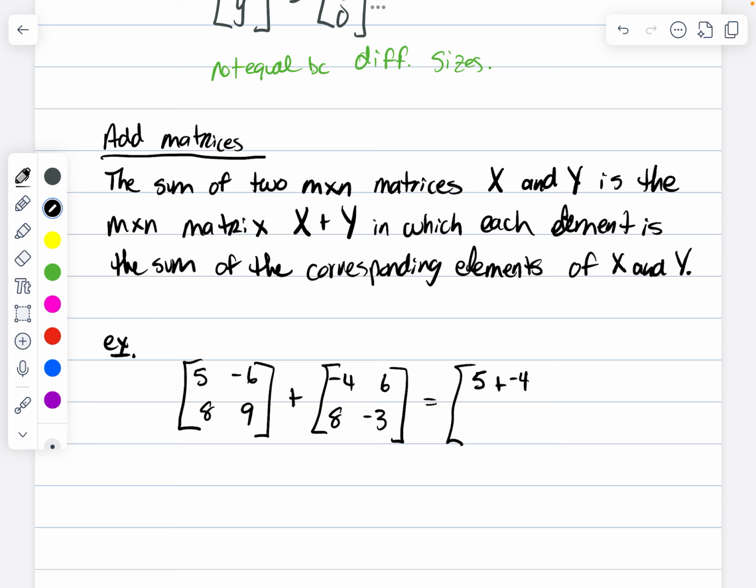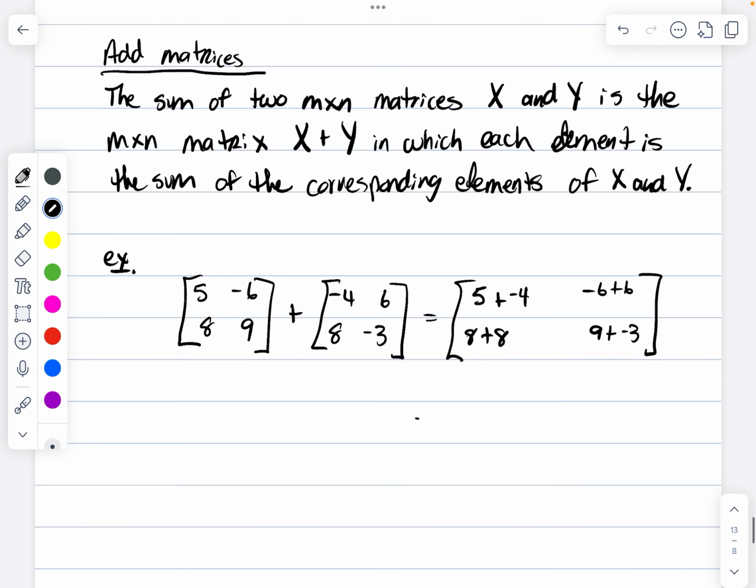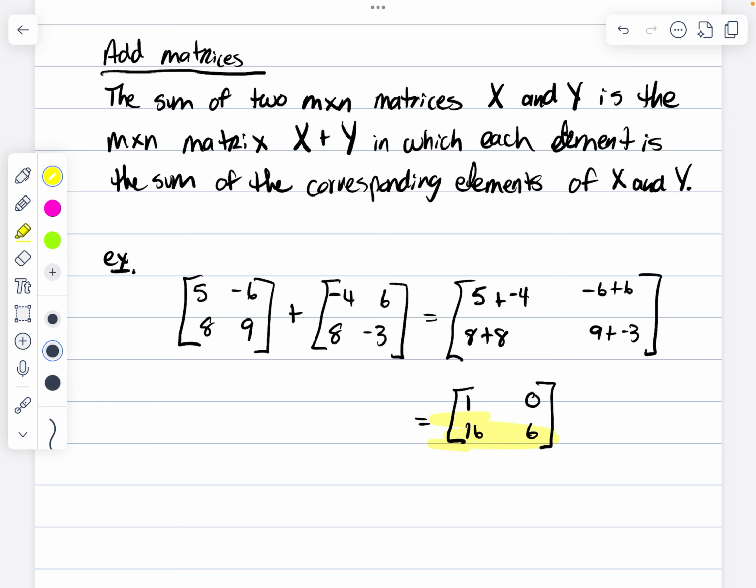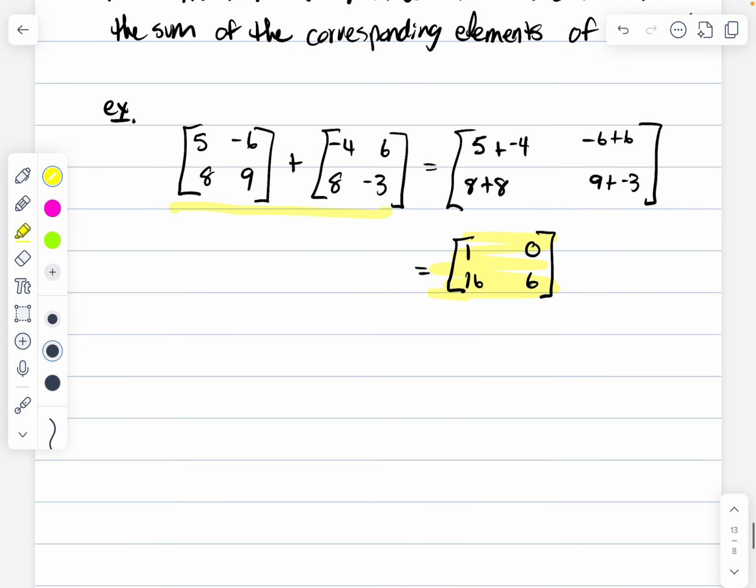And then we have the second row, first column, 8 plus 8. And then -6 plus 6. And then 9 plus -3. That's pretty much what this is saying. So our result would be 1, 16, 0, 6. This is the sum of these two matrices being added together.